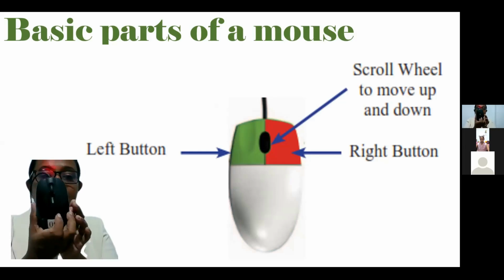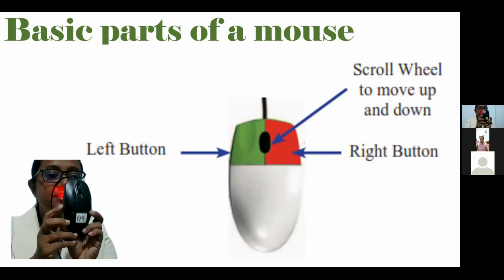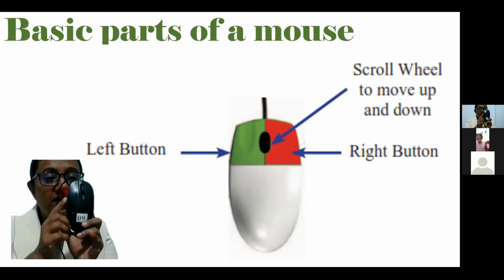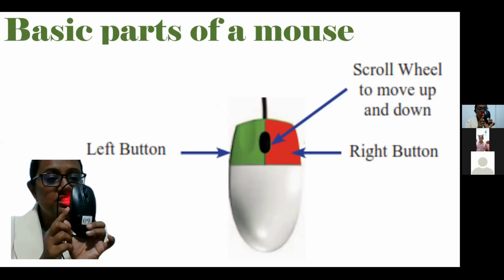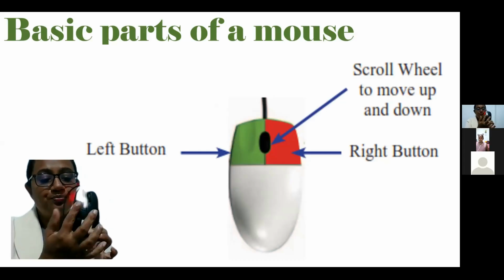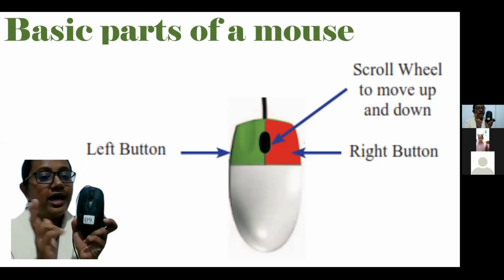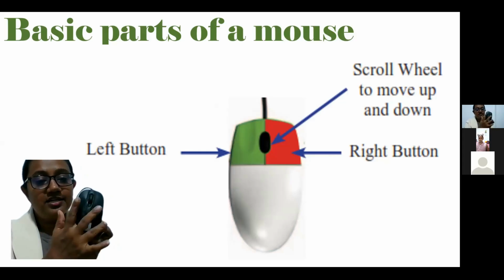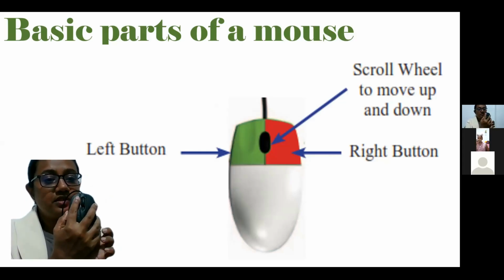Right? Yes, on my screen you can see a mouse. In this mouse there are three parts. This is how you have to keep your fingers on the mouse, right?